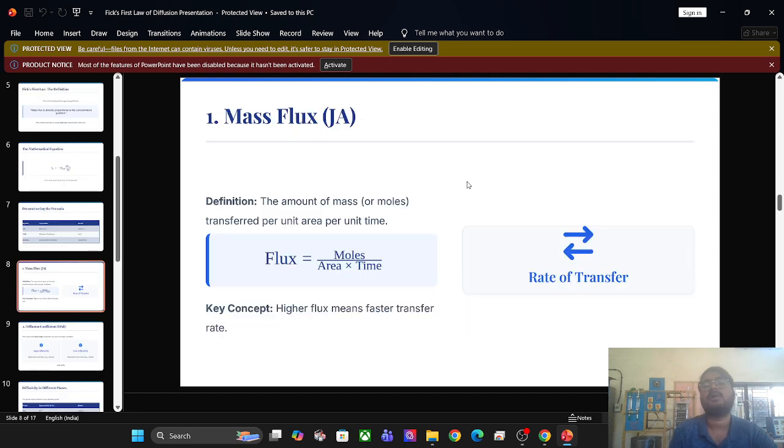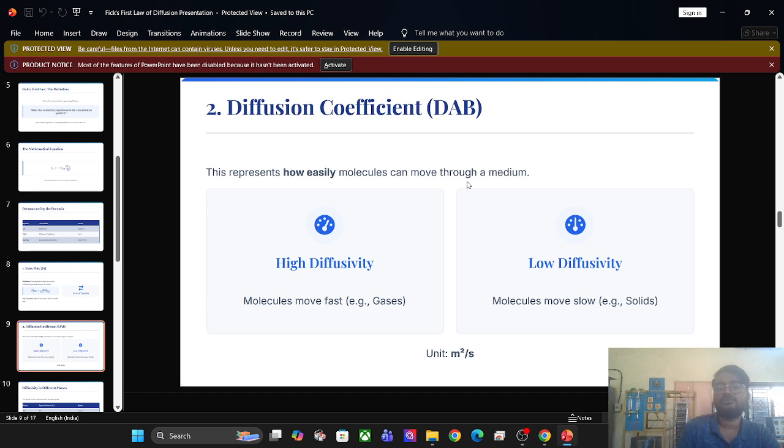Next, mass flux J_A. The amount of mass or moles transferred per unit area per unit time is known as flux. The key concept is that higher flux means a faster rate of transfer.